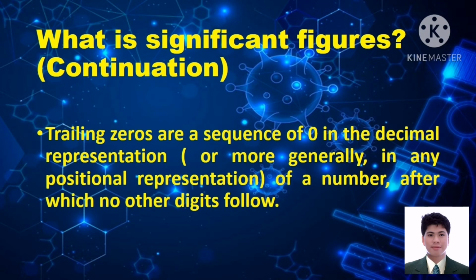Next, trailing zeros are a sequence of 0s in the decimal representation, or more generally in any positional representation of a number, after which no other digits follow.